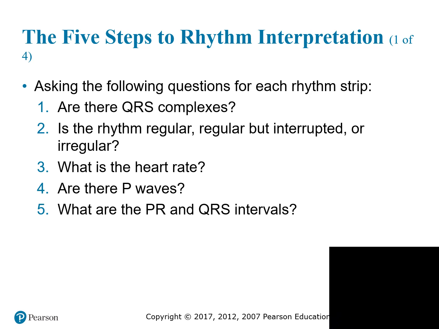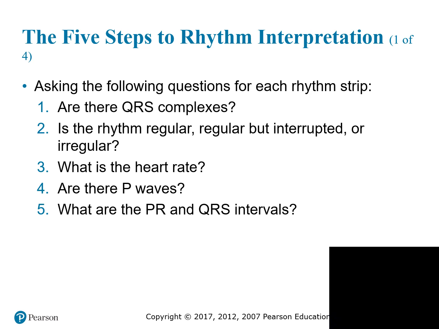Once we figure out our heart rate, our next step is to ask, are there any P waves? For a normal functioning heart, for every QRS there precedes a P wave. That's why it's called a PQRST wave. So are there any P waves? Yes or no?